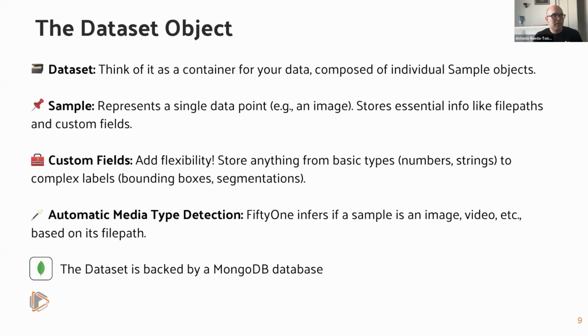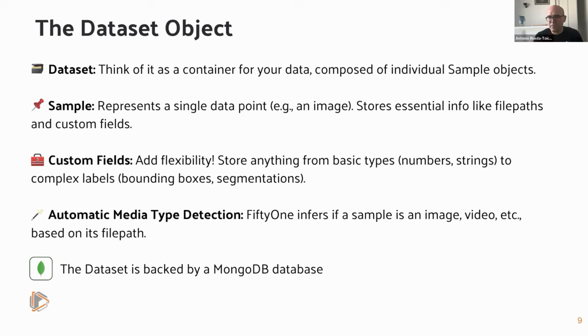So the dataset object is a container for the data that is composed of individual sample objects. And the sample is a data point, an image or a video clip. And this is, as I told you, the file path and any custom field that we might want to add. These custom fields can be whatever we might want to put there.